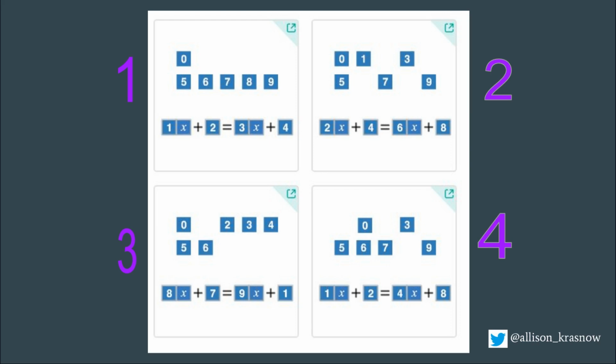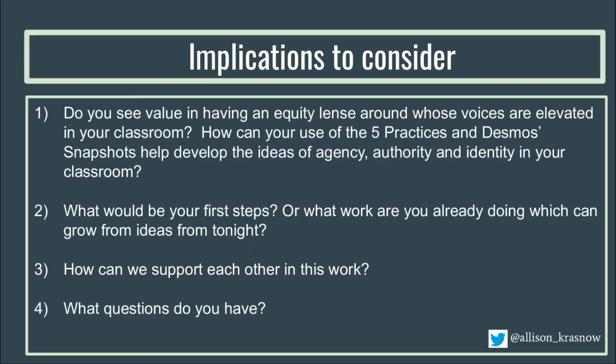So for the last couple minutes, I just threw a few questions together of implications to consider. I just wanted to take a little bit of time at the end here. If you have questions for me about any of these tools or thoughts, you can put them in the chat, or just your own reflections about any of these first three questions. I would love to hear what you're thinking, or answer any specific questions in our last couple of minutes.